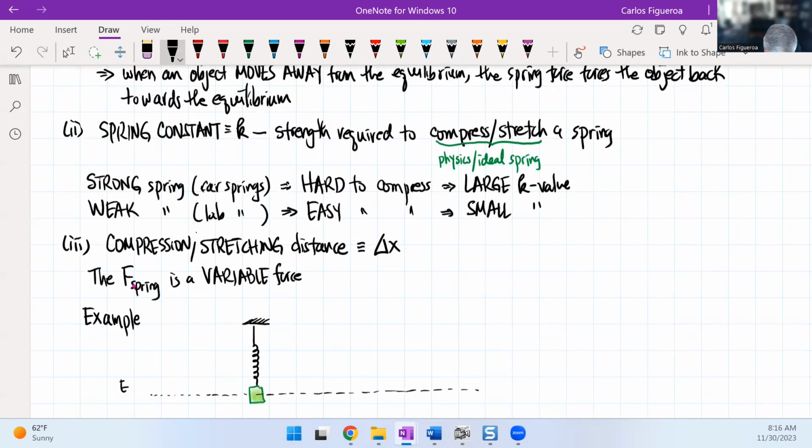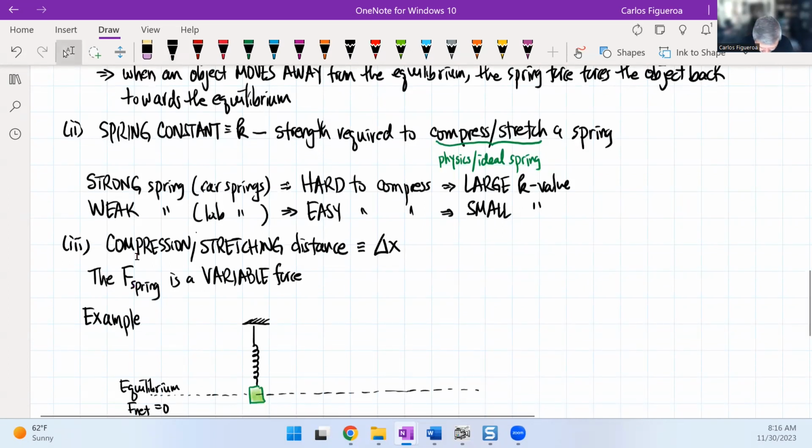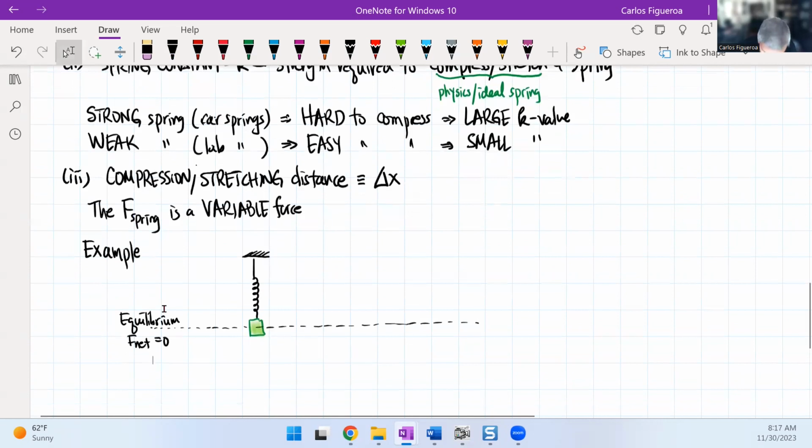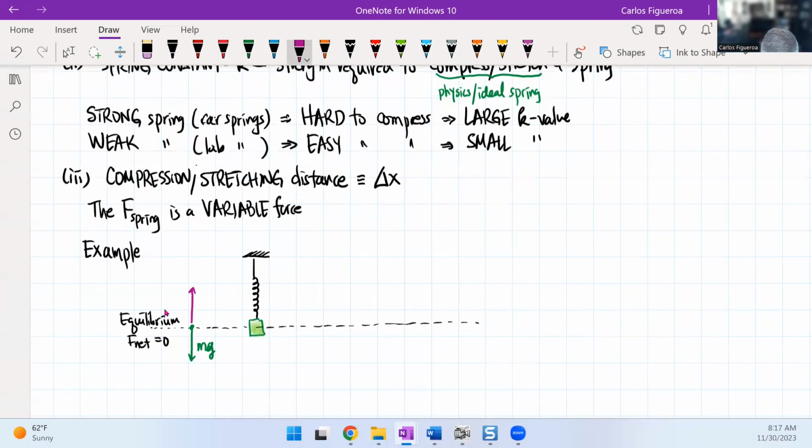When we call this the equilibrium point, that means here that the net force is equal to 0. So if I say that the net force is equal to 0, then it means here that we have two forces. We have the force of gravity, and we have a spring force. They balance each other out. So this point right here is called x equal to 0.